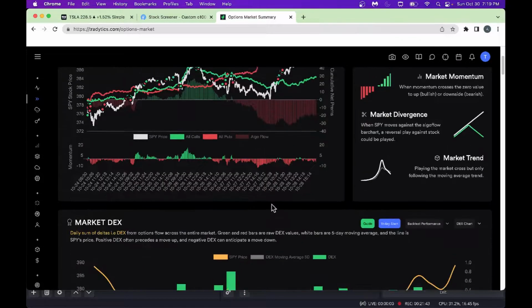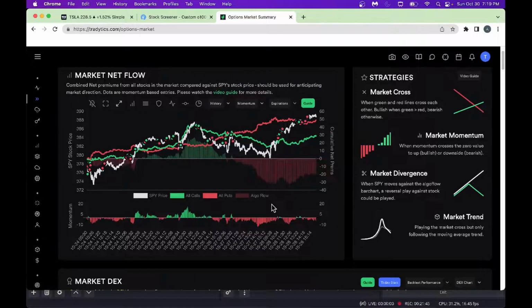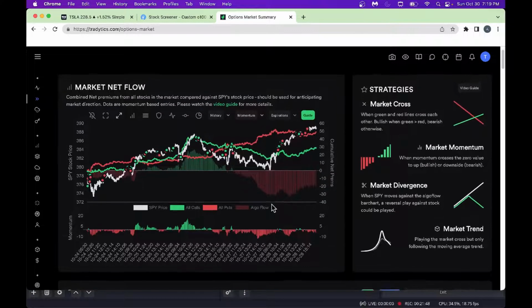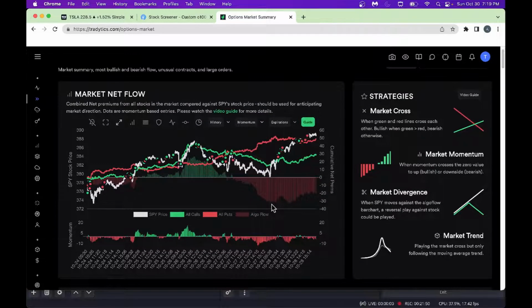All right, so that's about the market flow, net flow itself. Always good to watch the net flow. It gives you a very good idea here. As you look through here, I think we are looking at a 5-day history.